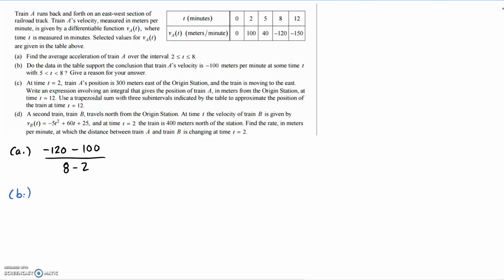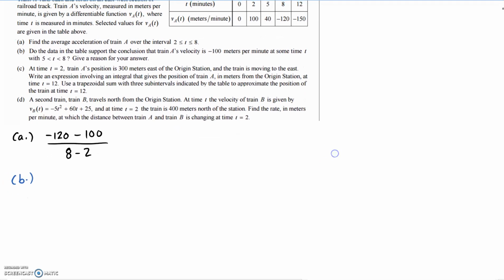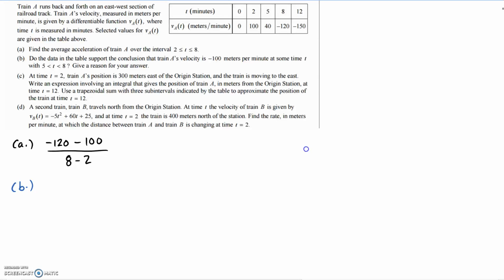Part B is our IVT justification. What they tell us is that V sub A of t is a differentiable function. They ask us if the train's velocity will ever be negative 100 between 5 and 8. The velocity at 5 is 40. The velocity at 8 is negative 120.